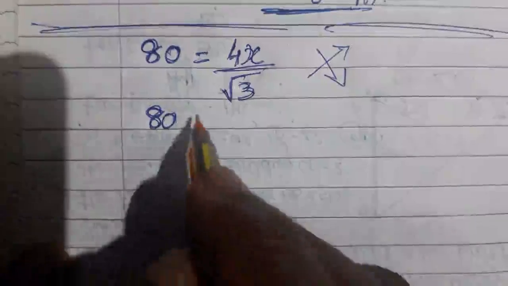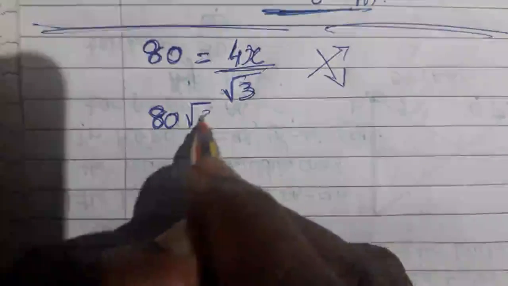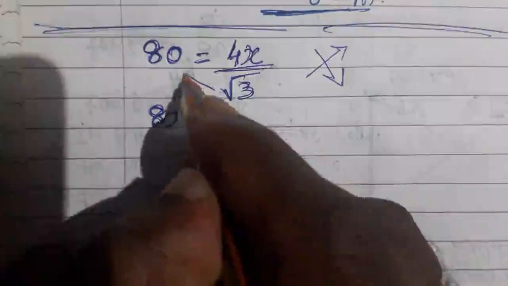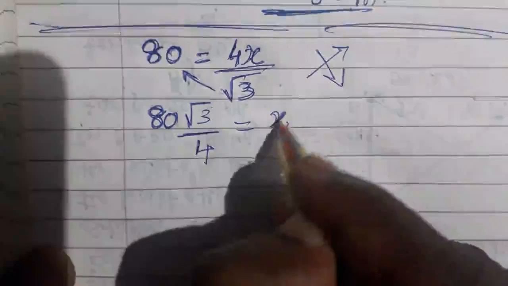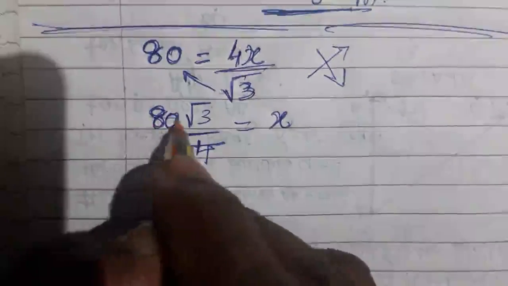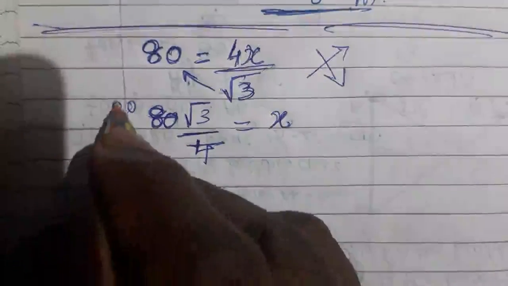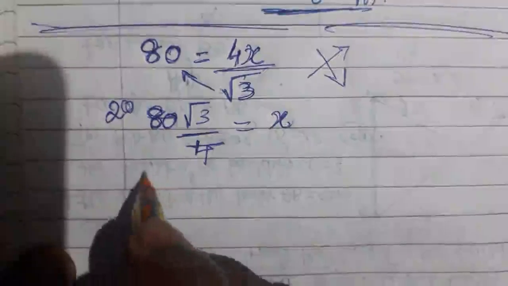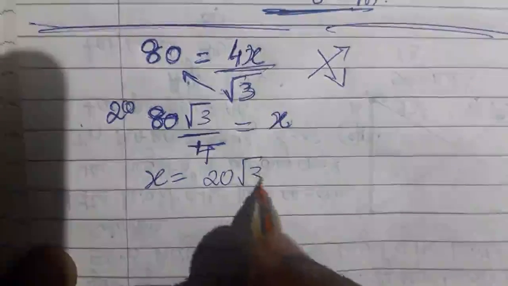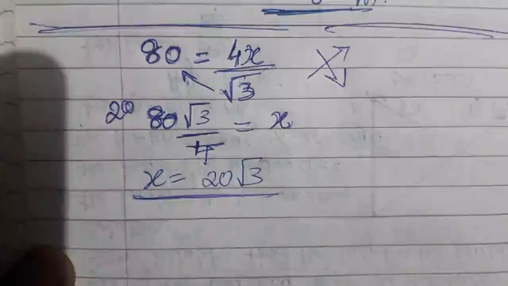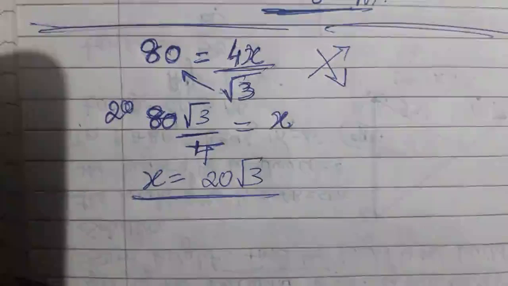So 80 root 3, 4 will come to denominator, by 4 is equal to x. 4 ones are 4, 4 twos are 8, so 20. So what is the value of x? x is equal to 20 root 3. The value of x is 20 root 3.